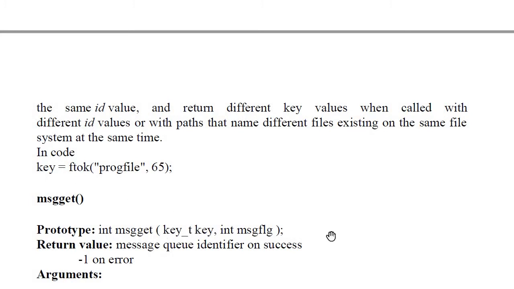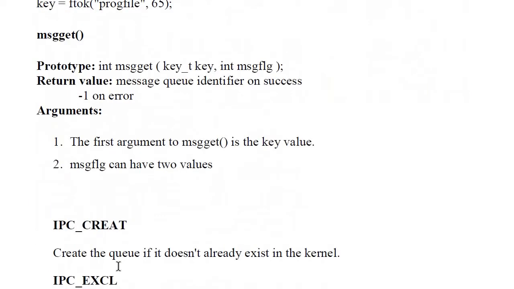Next, let's get into msgget. msgget is of integer type. This uses the key_t key which we had used in ftok and the message flag. It returns the identifier on success and -1 on error. Now let's see what the arguments are.